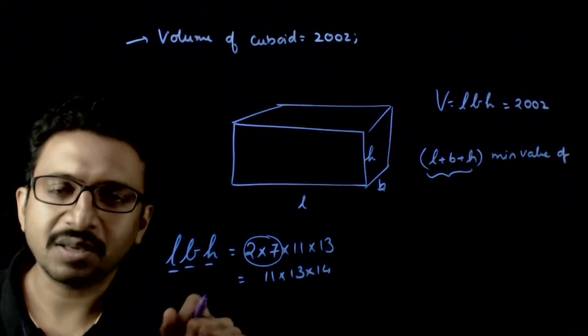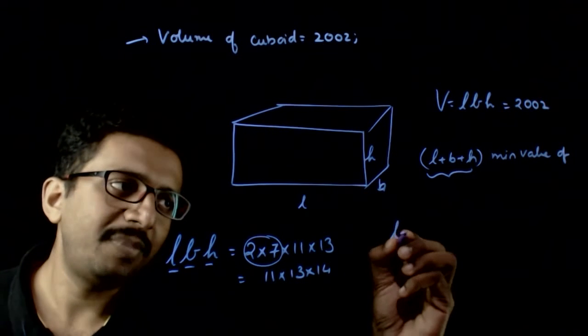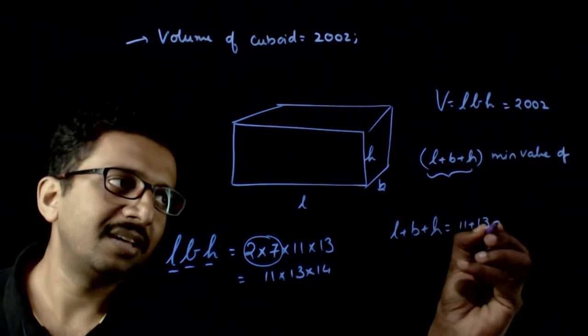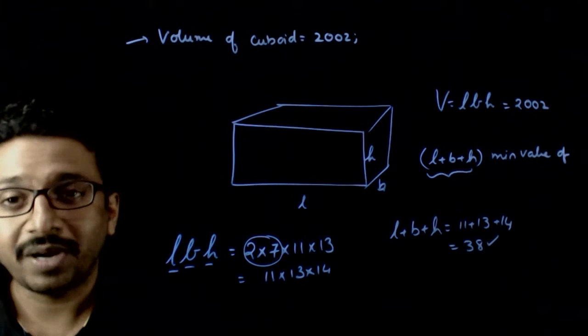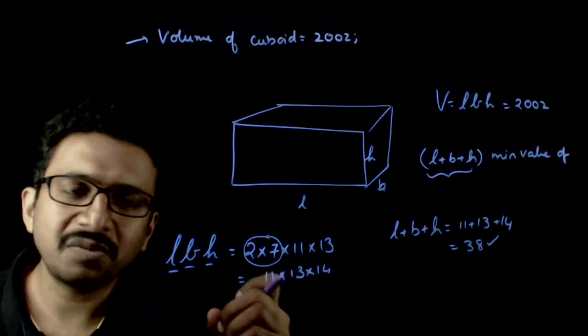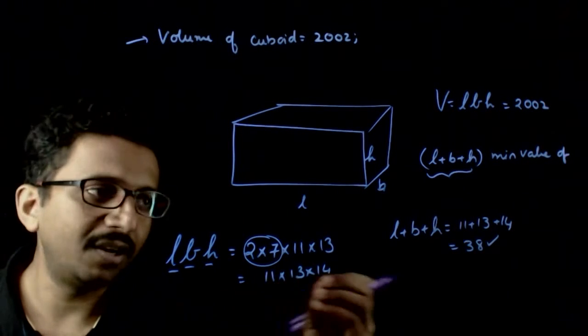This will be the case where you get the minimum value of the sum. That is, L plus B plus H is equal to 11 plus 13 plus 14, which is equal to 38. So if length, breadth and height are integers, then the least value of the sum will be equal to 38.